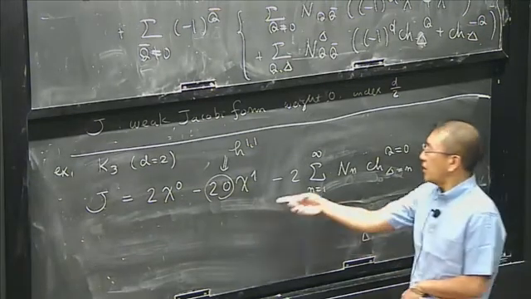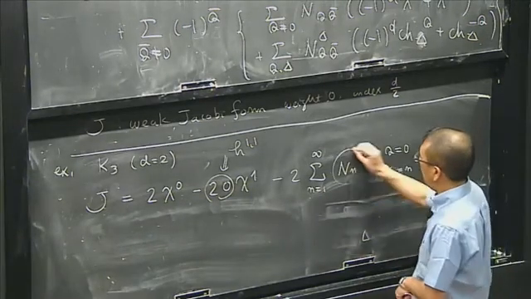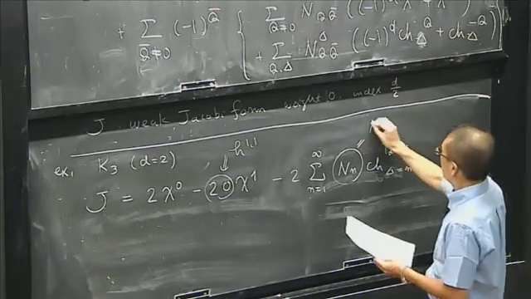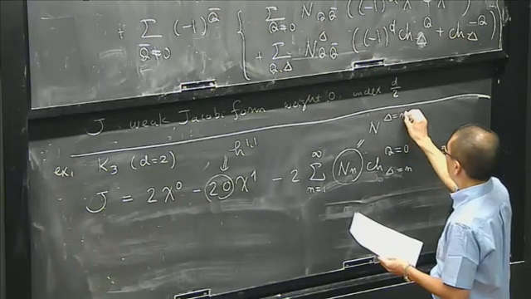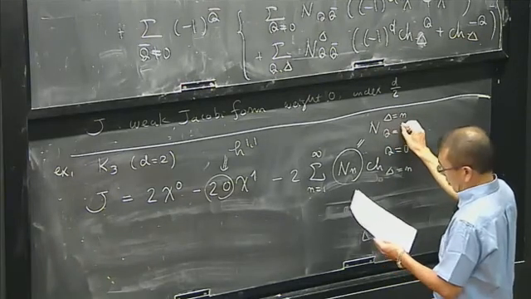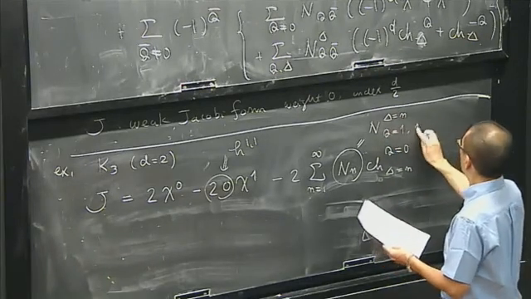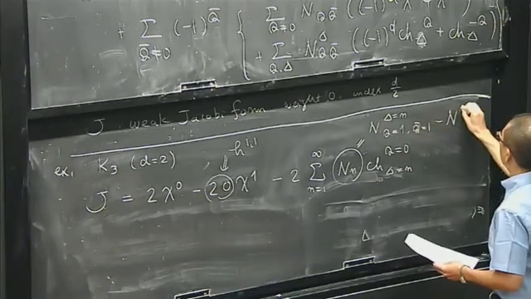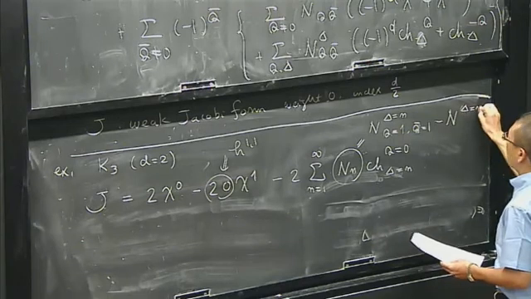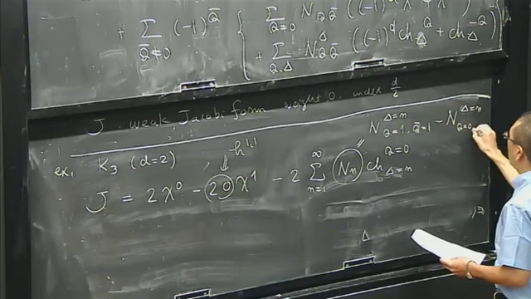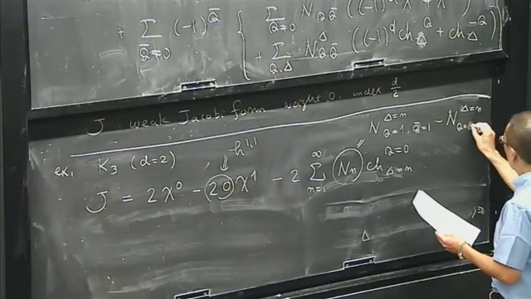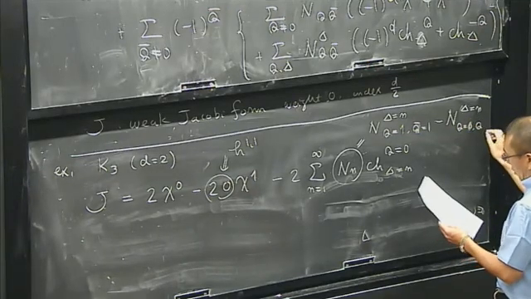So you can expand this quantity, and then this n is given by this cross term: n of delta equal n, q equal 1, q bar equal 1, minus n of delta equal n, q equal 0, q bar equal 0.